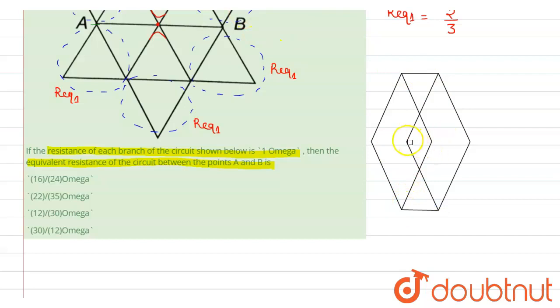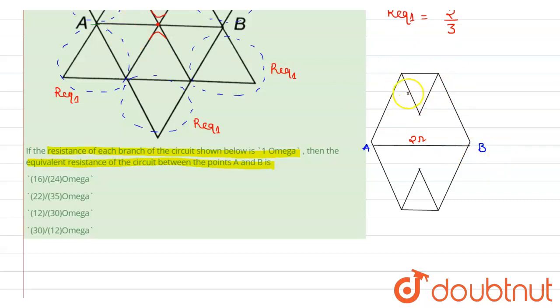This junction is now open, and on the above two there is a resistance of 1 ohm and 1 ohm, that is 2 ohm in the middle, like this. This will be our A and this will be our B. So this resistance will be 1 plus 1, simply 2 ohm.